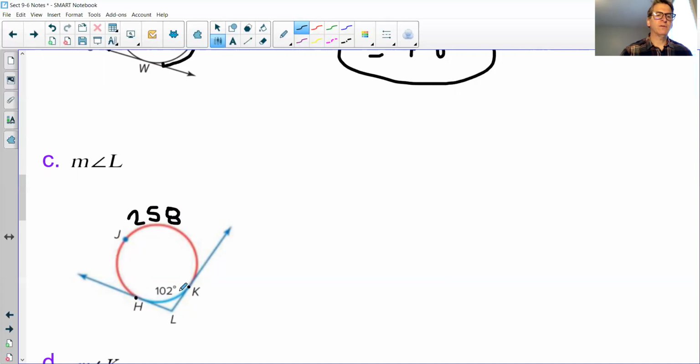All the way around the circle is 360. So 360 minus 102 is 258. So if we're looking for this angle, it's outside of the circle, we can find that measure of angle L by taking 1/2 times the difference between 258 minus 102.